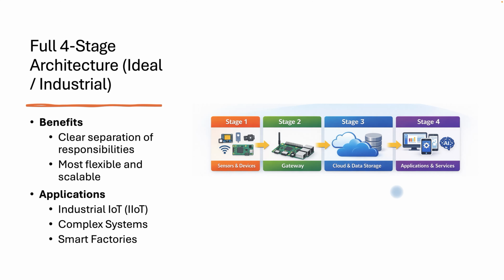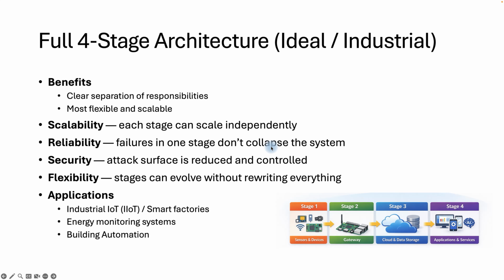Clear separation of duties, and you can create each system such that it is plug and play. The system should be created in such a way that if there are 10 different devices, then failure of one should not fail the system. Similarly, stage 2 should be created with such redundancy, and so on and so forth. This is the full 4-stage IoT architecture which is used in industrial IoT.